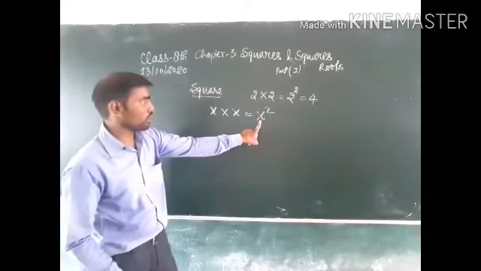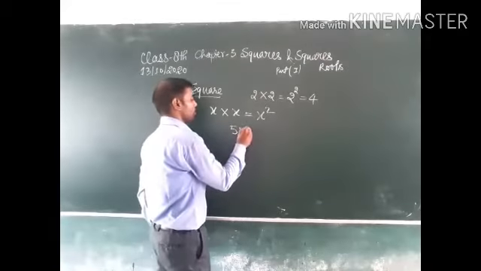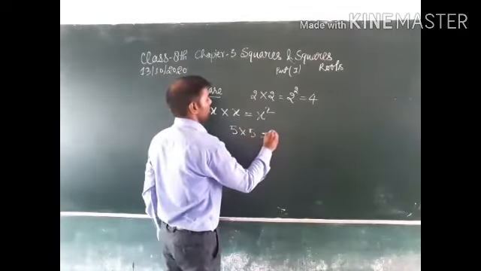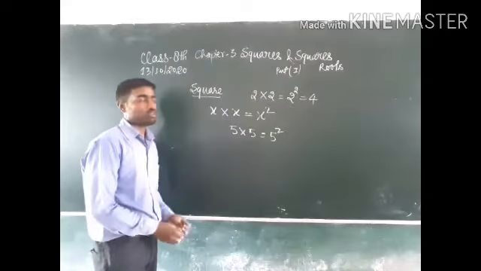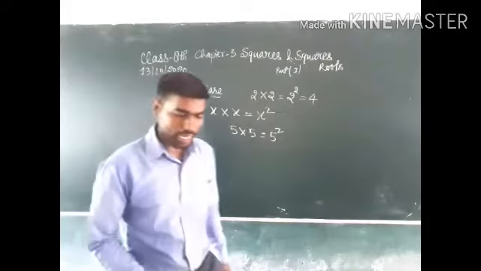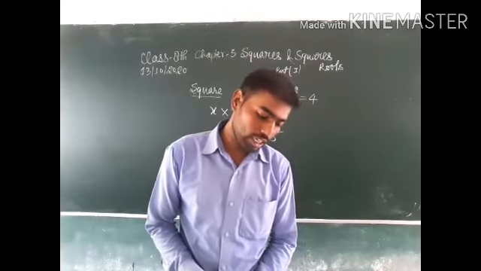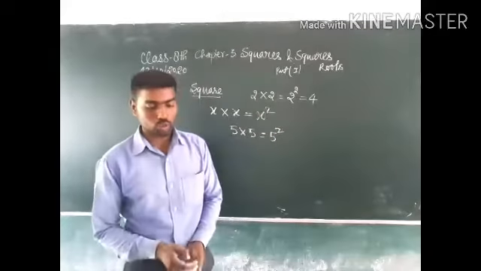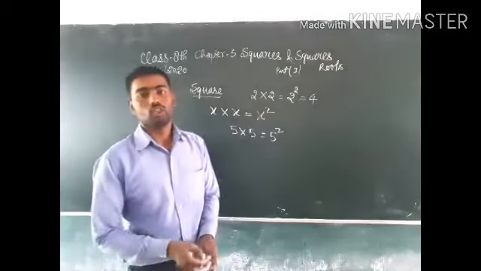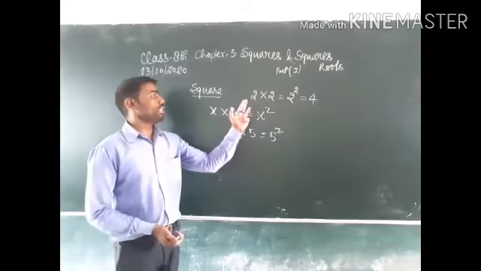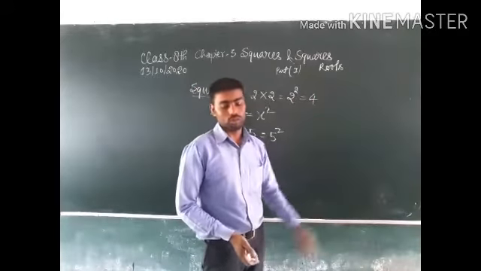Let's take the number 5 multiplied with 5, this is 5 square. So what is a square? The square of a number is the product of the number with itself. For a given number x, the square of x is x into x and is denoted by x square. Let's take the example 2 into 2, it means 2 square is equal to 4.